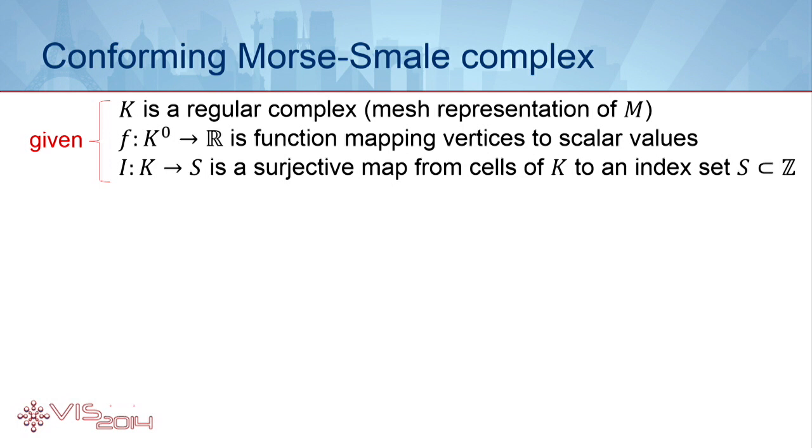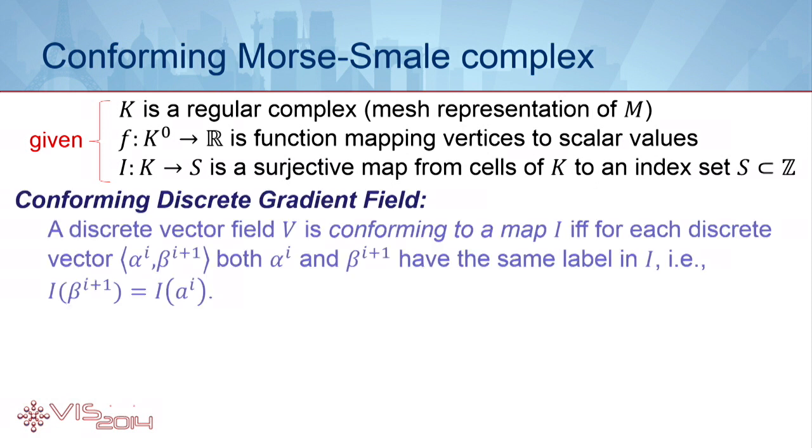So to formalize the problem, we're given a mesh representation of our domain with some function sampled at the vertices. We're also given by the user a map that labels each cell with a certain index. First I'm going to define a conforming discrete gradient field. I have all my discrete gradient arrows.